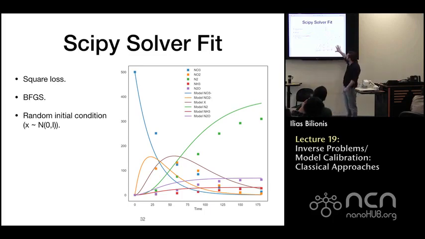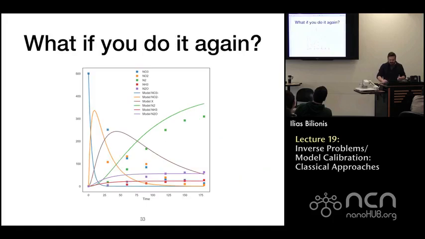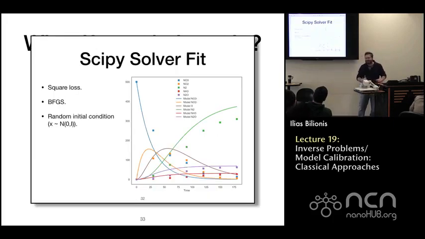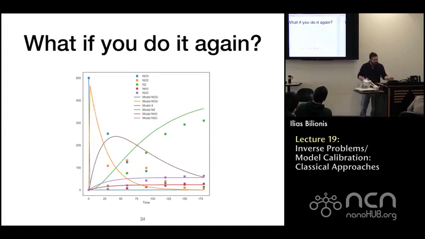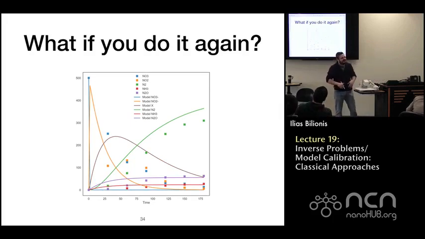So this is what we find, which seems okay. Okay, but then you decide to do it again, and you get this, which also seems okay, but it is different than the other one. So you can't have both of them being okay. You do it once more, and you find something different.